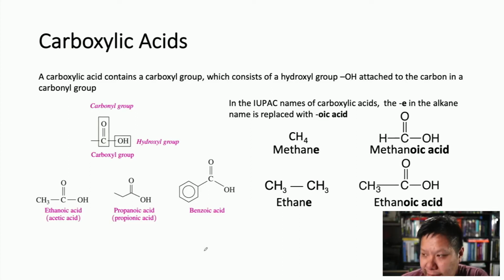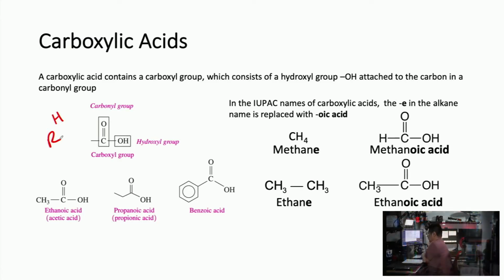And carboxylic acids are actually a lot like carbonyls, right? They're all part of the same group, like the ketones and the aldehydes. The only difference is that with a carboxylic acid, instead of having an H, like an aldehyde there on the carbonyl, or an R there, like the rest of the molecule for a ketone, a carboxylic acid has a hydroxyl group.